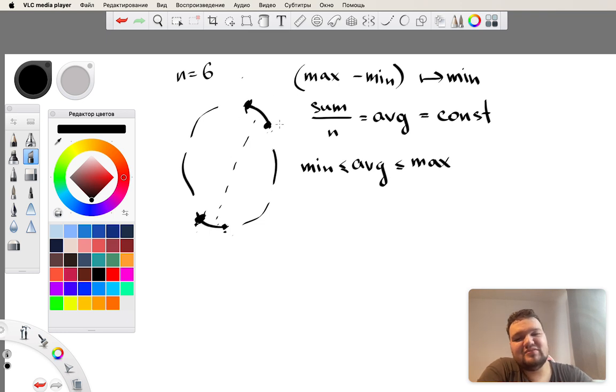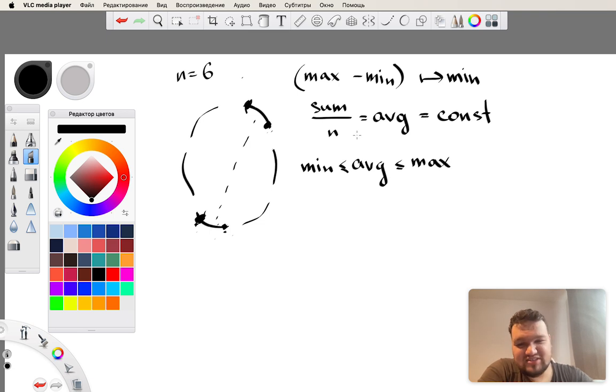In this case, when n is even, for every pair of opposite tables we need to make some choice, and we will make the choice that minimizes maximum and maximizes minimum.